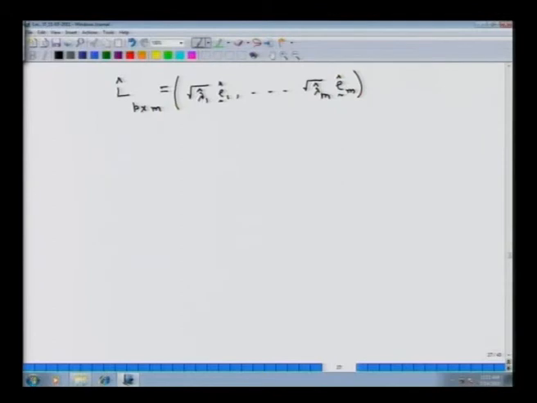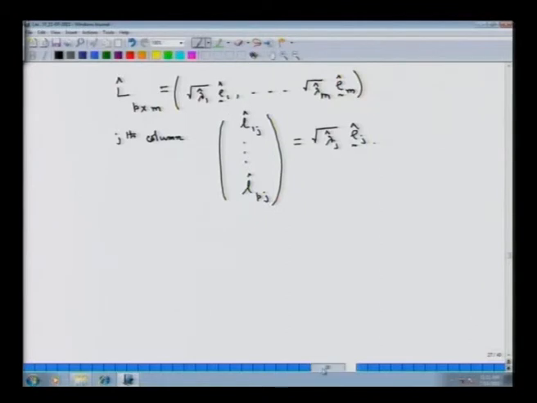If we look at this, then the jth column is, say I write that as L_1j hat up to L_pj hat. Now, that is equal to root over lambda j hat times this Ej hat vector. So, we have this as the jth column.